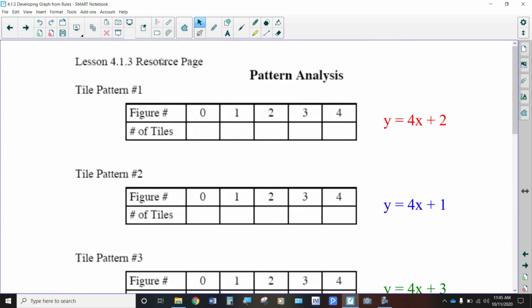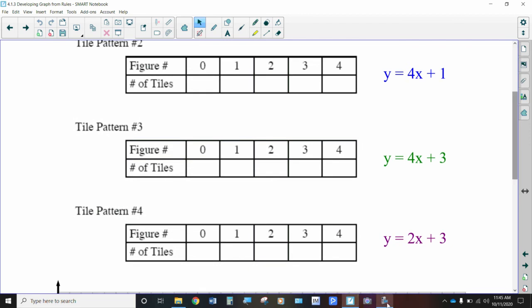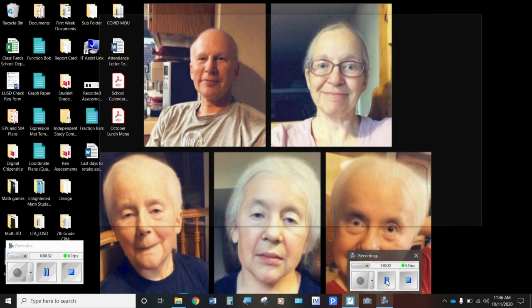So this is that resource page that I was talking about. Go ahead, get your work from lesson 4.1.2. You have tile pattern 1, tile pattern 2, tile pattern 3, and tile pattern 4. Actually, let me pause this for a second, and I'll pull that up so we can take a look at it.